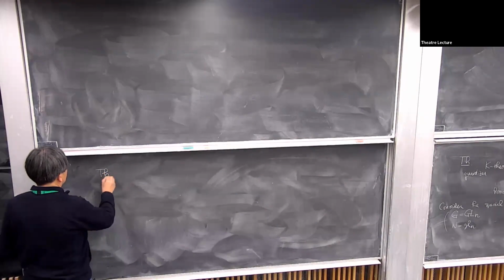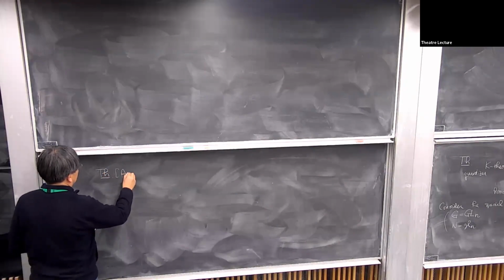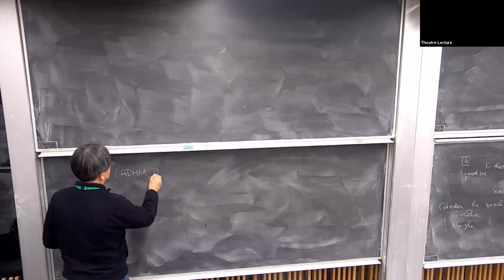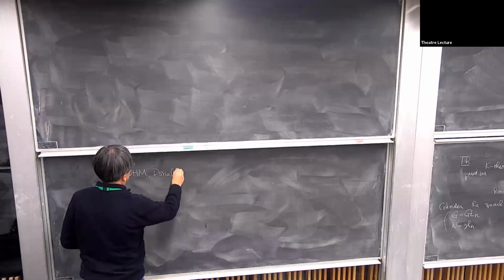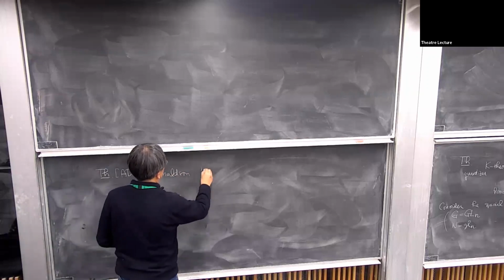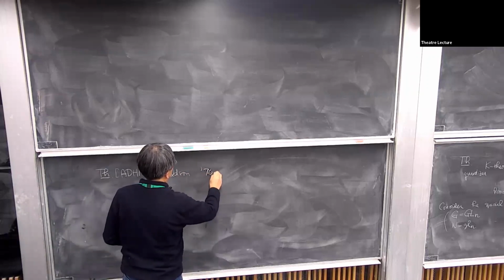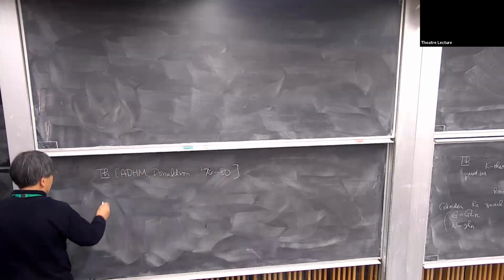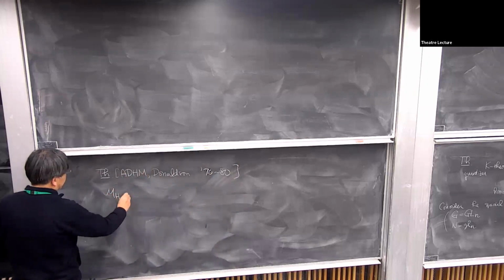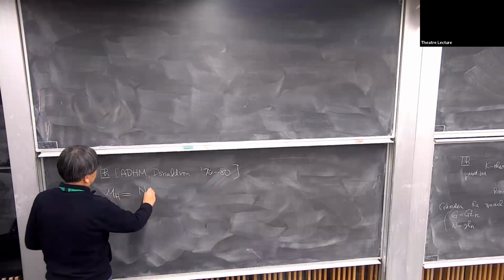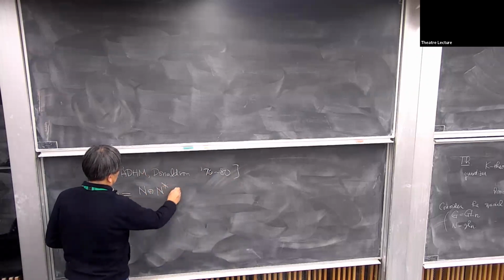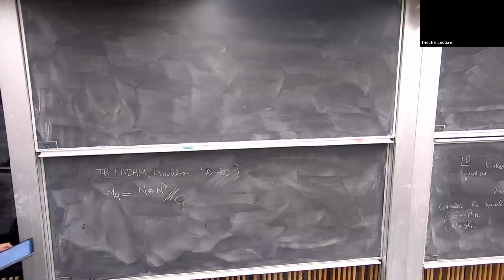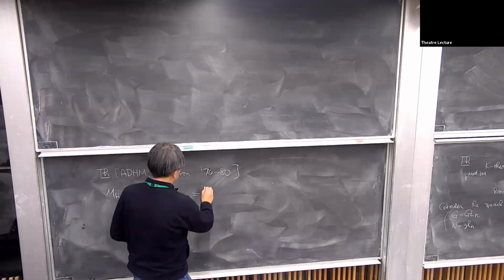This is all the results of Atiyah, Hitchin, Drinfeld, Manin and others, maybe 70s to 80s. So you consider the Higgs branch, which is N plus N star quotient by G. So this is the so-called Uhlenbeck partial compactification.